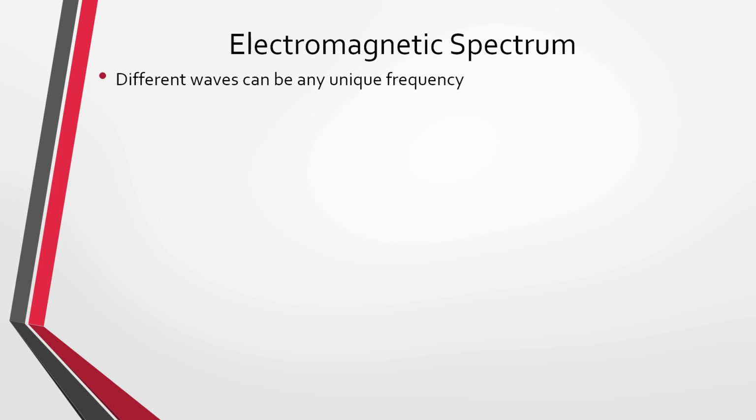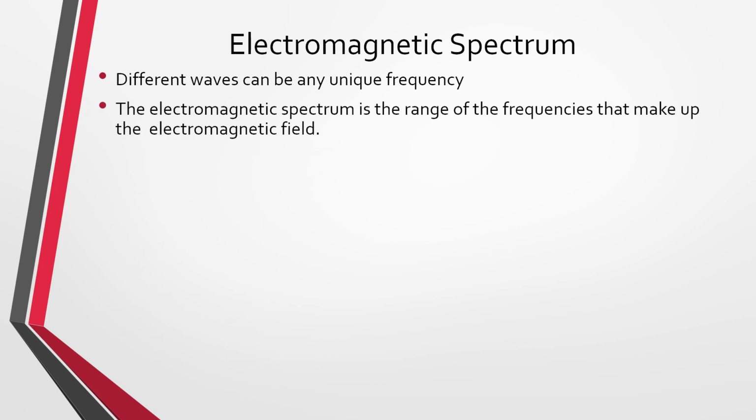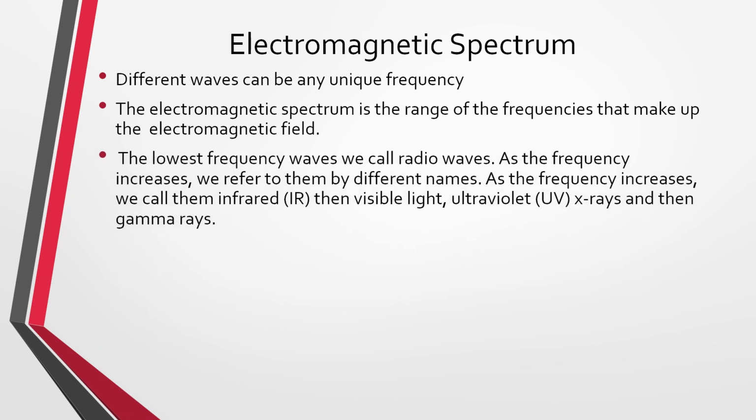So now let's talk about the electromagnetic spectrum. Different waves can be any unique frequency. The electromagnetic spectrum is a range of frequencies that make up the electromagnetic field. The lowest frequency waves we call radio waves. As the frequency increases, we refer to them by different names: infrared, visible light, ultraviolet, X-rays, and then gamma rays.